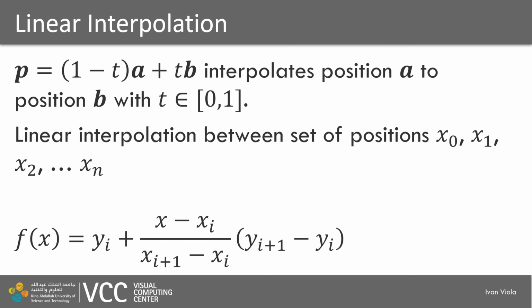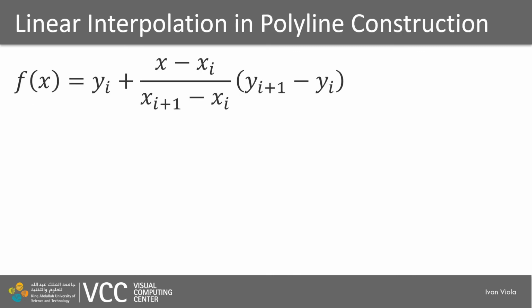Such a parametrization can also be used in case of several points, and let's say we would like to create a continuous connection between these points. This can be seen in the formula in the previous slide, and we can see it also here.